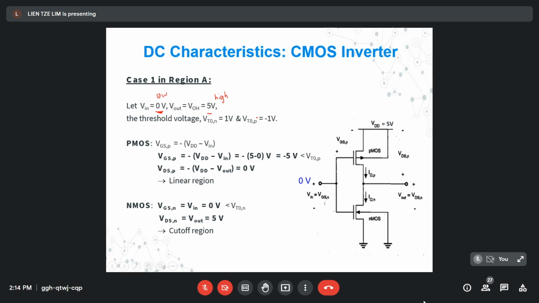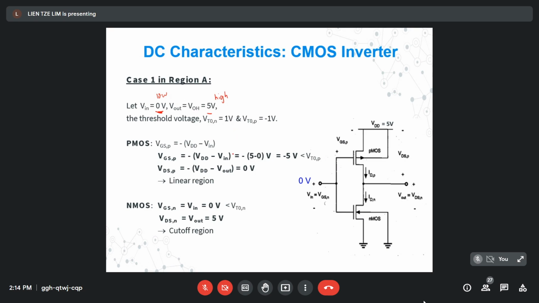Why is that? Because the PMOS will start to operate at the low voltage level, so its threshold voltage normally will be lower than the threshold voltage of the NMOS. So this is the difference.